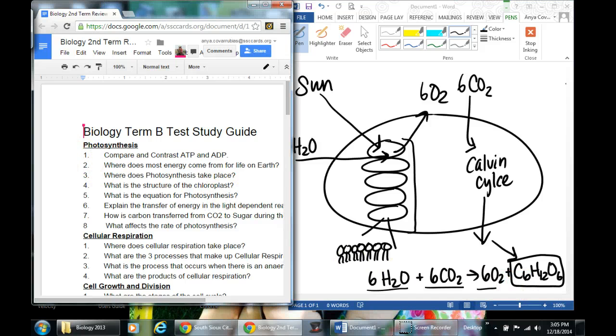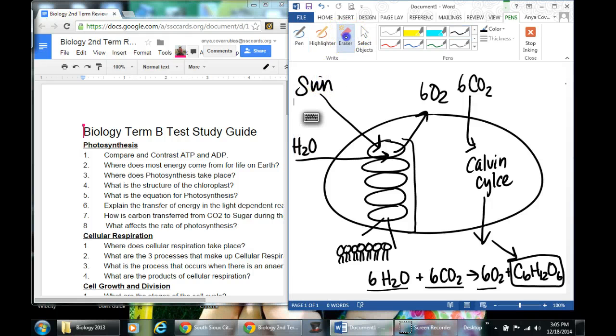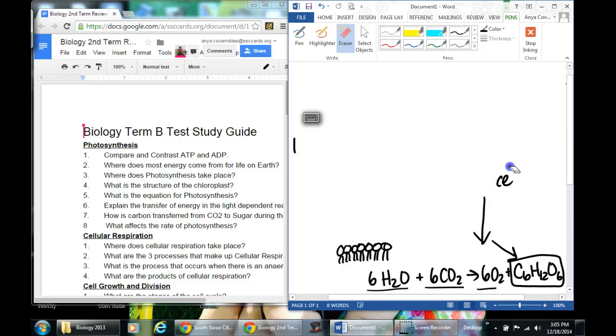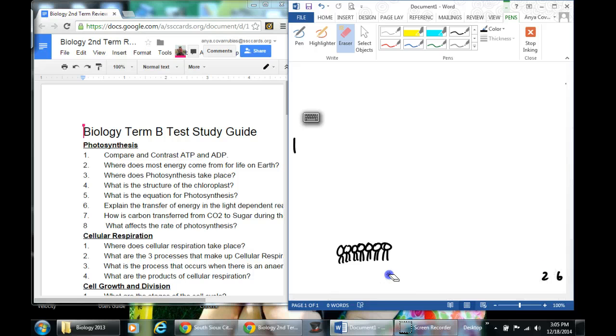And then it says explain the transfer of energy in the light-dependent reaction. So to do that, we're going to have to get a little bit more detailed with our drawing here. So I already have a little thylakoid membrane started, so we'll keep with that one.